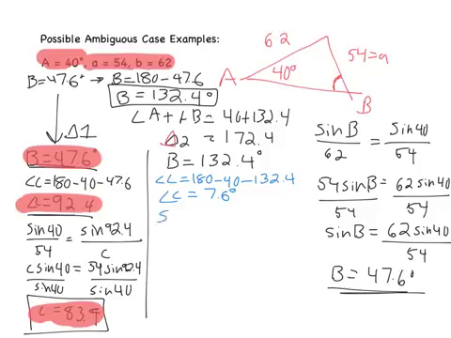So I'm going to do sine of 40 over 54 equals sine of 7.6 over C, and do my cross multiplying.